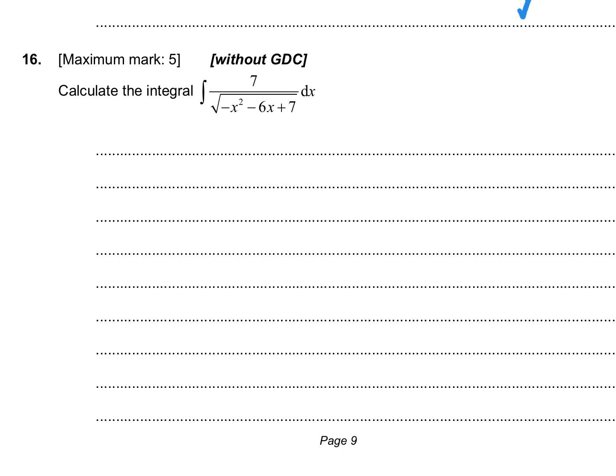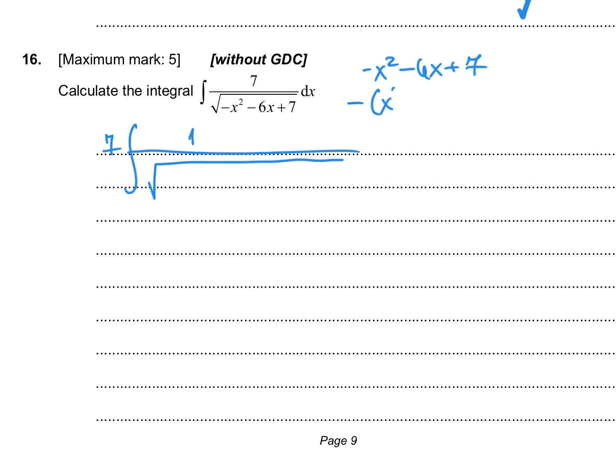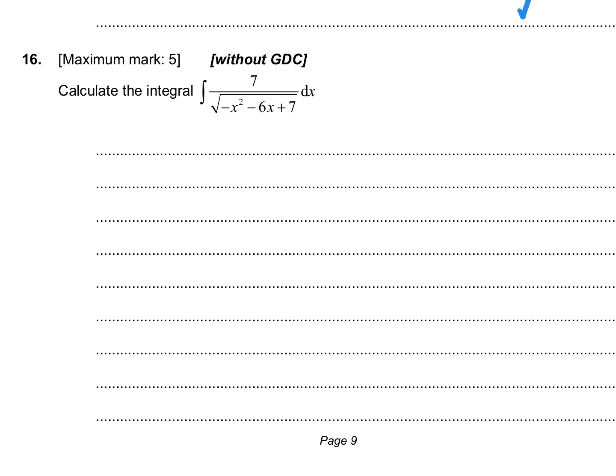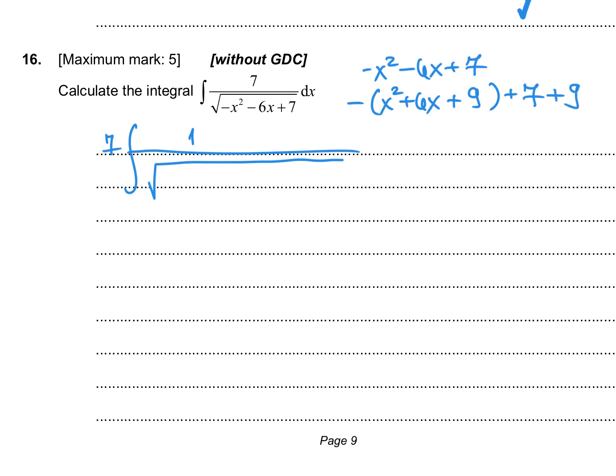This looks like arc sine with the square root on the bottom. We could factor that, but it's not helping us at all. So 1 over square root, and if we have negative x squared minus 6x plus 7, factor out the negative, and this is going to be plus 9, but actually we're subtracting 9, so we have to add 9 here.